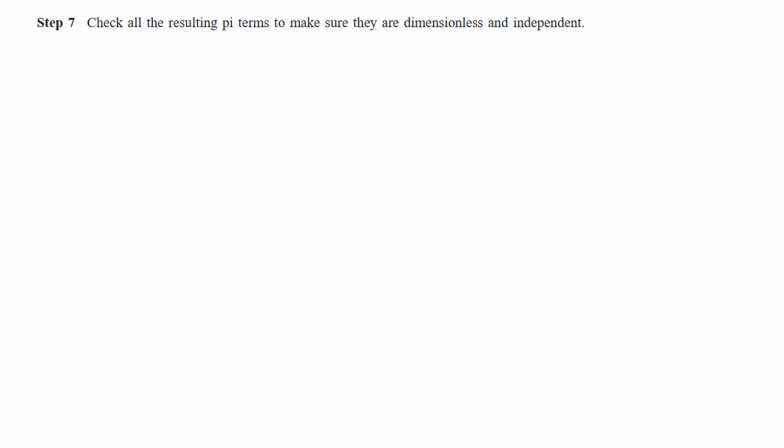So now in step 7, we are going to cross check all our pi terms and see if they are dimensionless or not. To do that, we need to convert all the dimensions of the variables into FLT form. Remember that we started this example and wrote out the dimensions of the variables in mass, length, time dimensions.